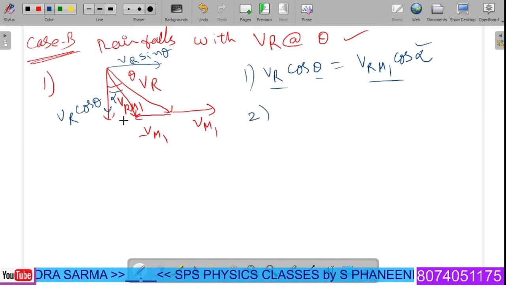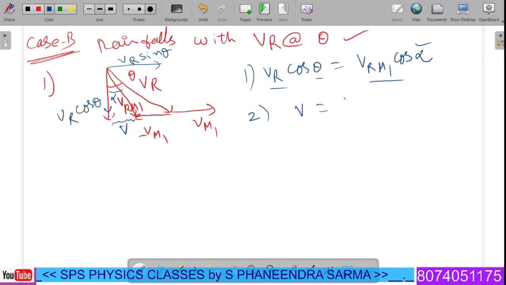Second case, this gap will give you the gap in the relative velocity of the man. How? Let us see. At this condition, this gap will give you the gap from VR sin theta. So that gap, the blue color line, will give you some gap that is called v.